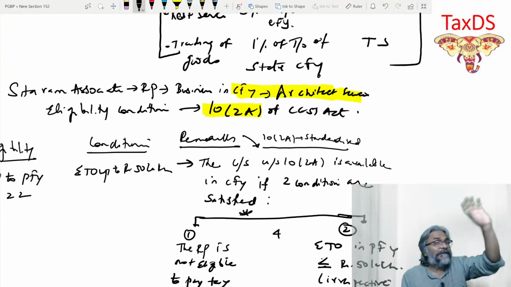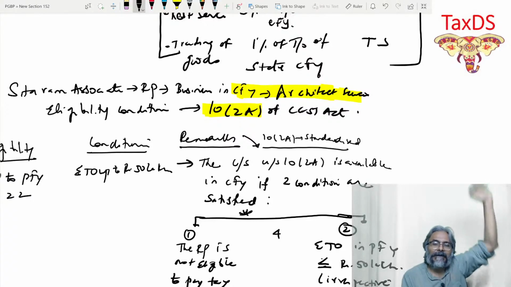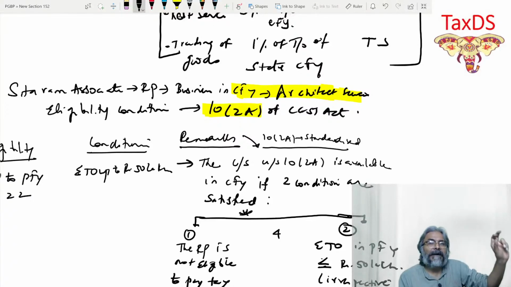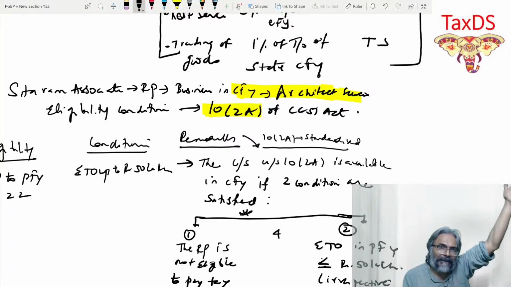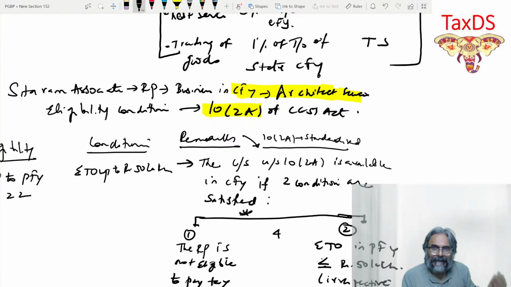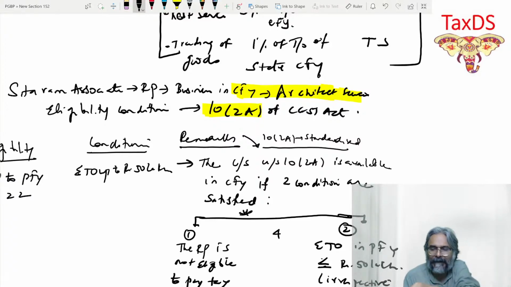Therefore, what was his aggregate turnover in the last year? 73 lakhs. How much is required in 10-2A for the last year to be eligible for the scheme in the current financial year? 50 lakhs. Did he cross that 50 lakhs threshold of 10-2A? Yes. Therefore, is he eligible for the composition scheme of 10-2A in the current year? No.